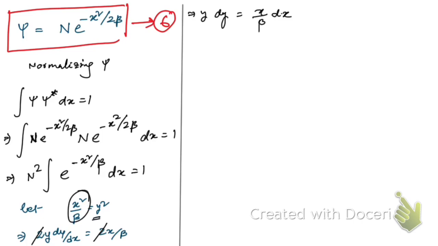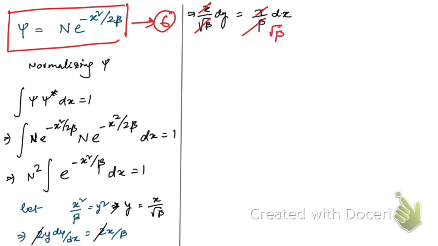Here this y can be replaced, since y square is equal to x square by beta, so y is going to be equal to root over x square by beta, that means x by root beta. Let us replace this y by x by root beta. Then x cancels and beta cancels root beta, leaving root beta.